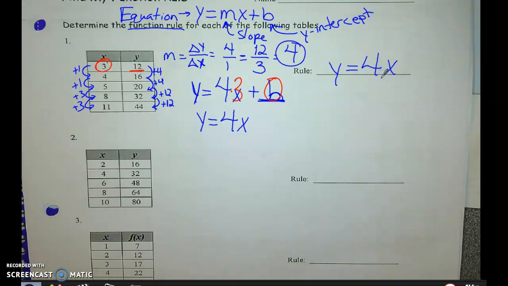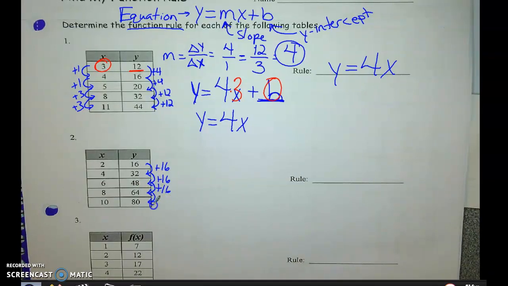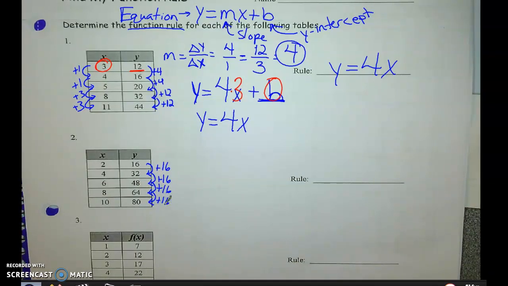Now, looking at number 2, looking to see what our change in y is. To get from 16 to 32 is plus 16. 32 to 48, plus 16. Okay. Plus 16. 64 to 80, plus 16.